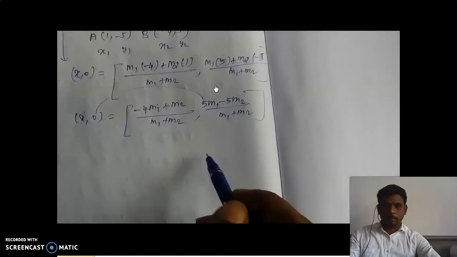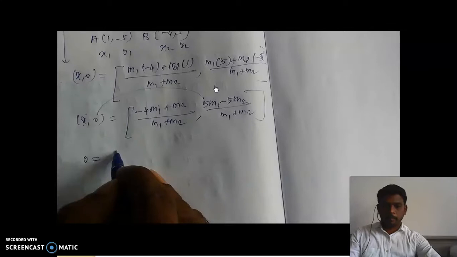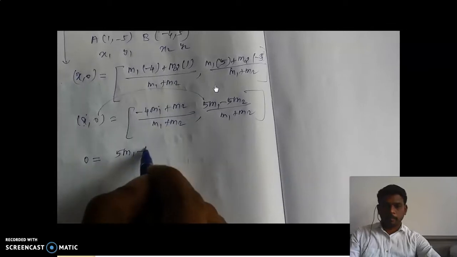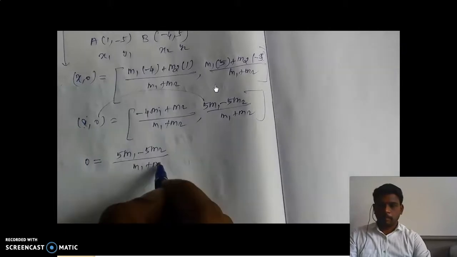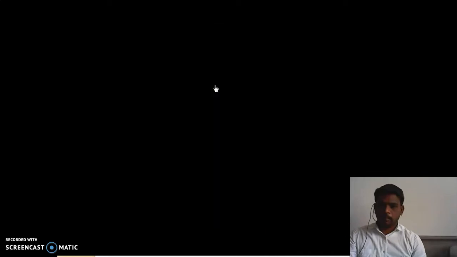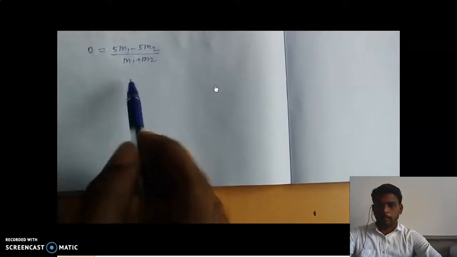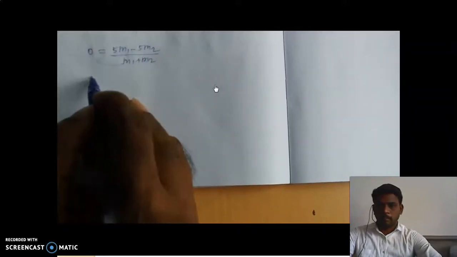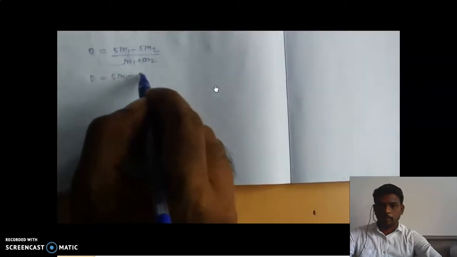So 0 equal to 5M1 minus 5M2 divided by M1 plus M2. Now make a cross multiplication here. 0 into anything is 0. So 0 equal to 5M1 minus 5M2.